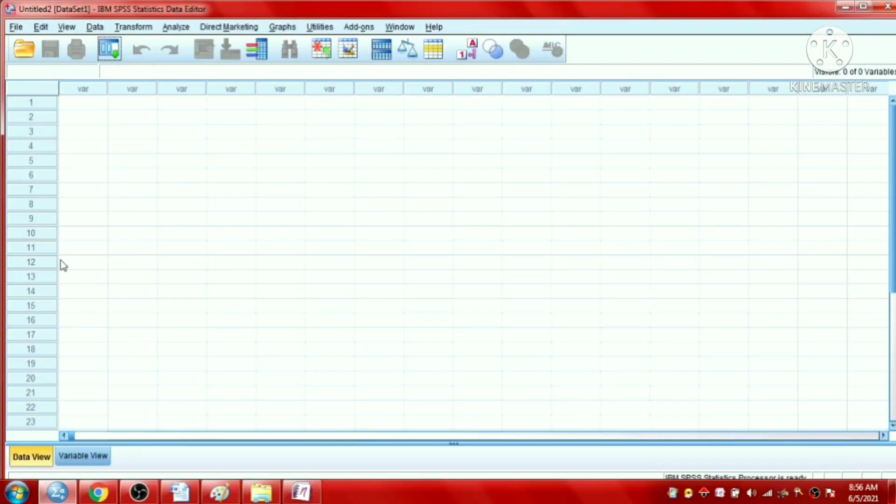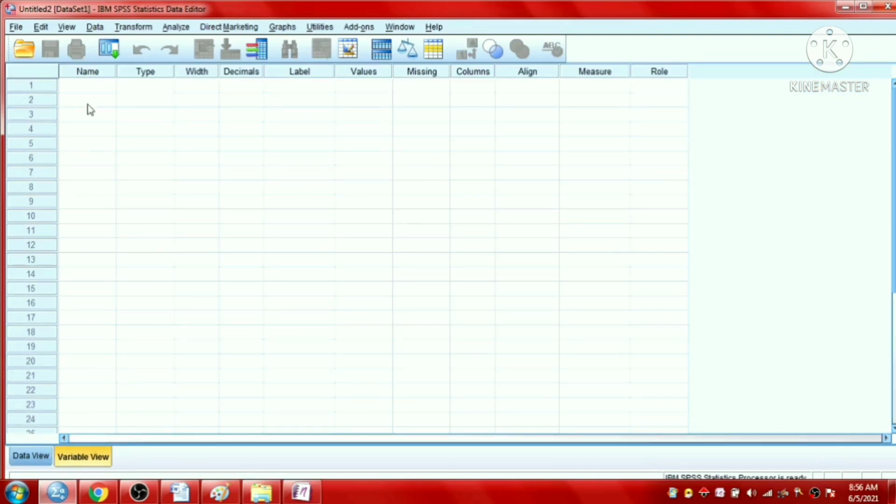So this is our result by pen and paper. Now by SPSS. In variable view, the name is weight, type numeric, decimals changed to 0, label written as weight, then missing value is none, alignment is centered, measurement is scale.